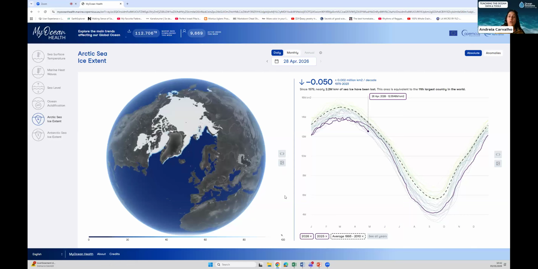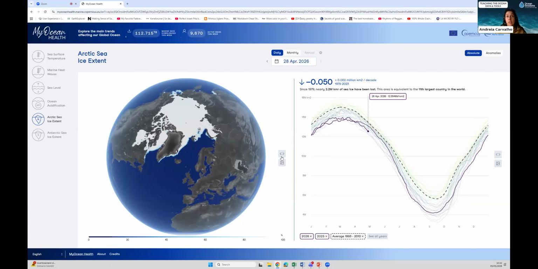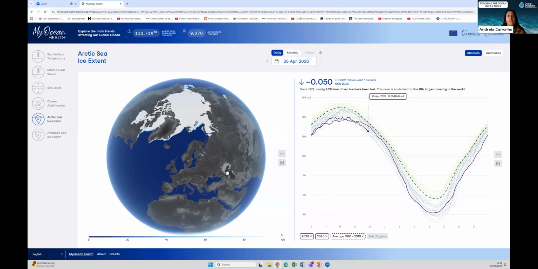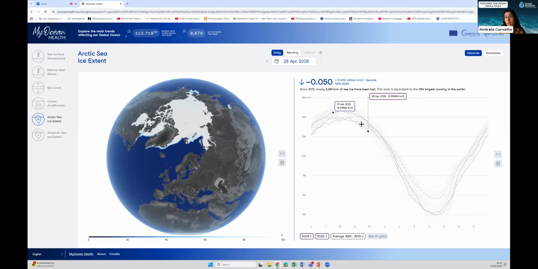So let's say you're creating your own ocean literacy resources, you're creating a new page dedicated to sea ice, and you would like to have something like this in your web page, you will be able to integrate these features and be able to have it also in an interactive mode.